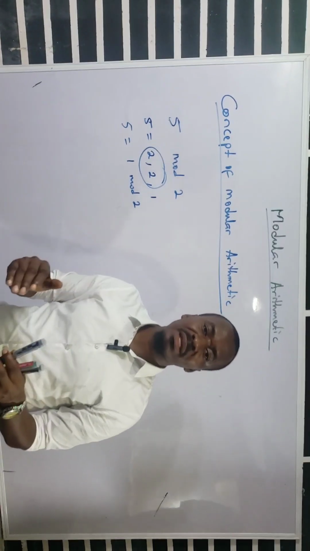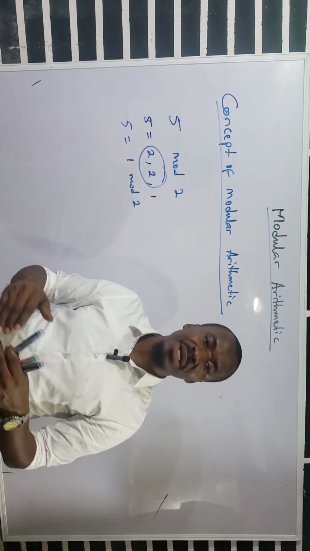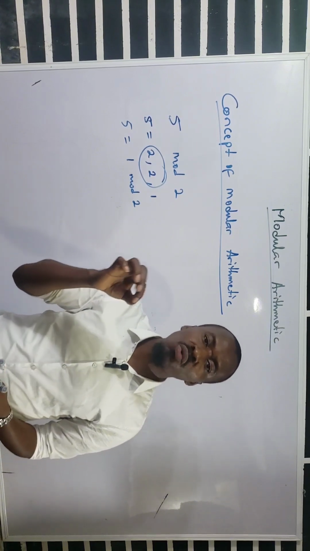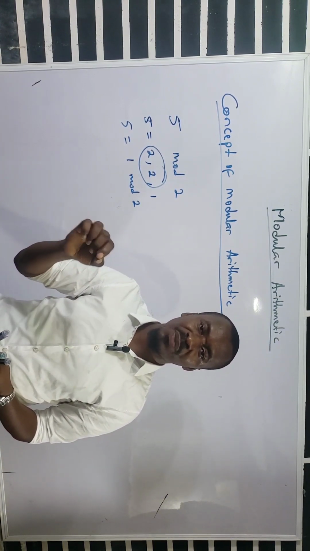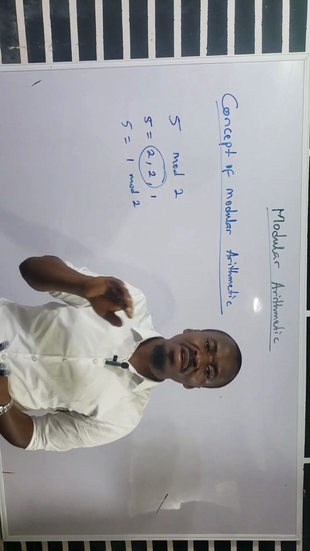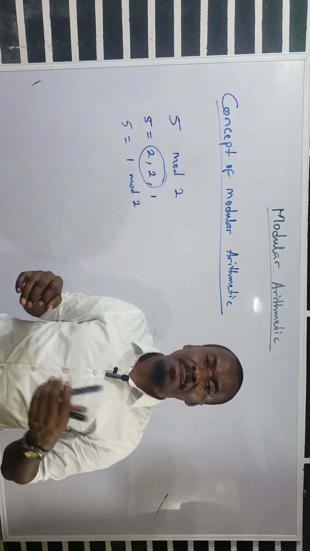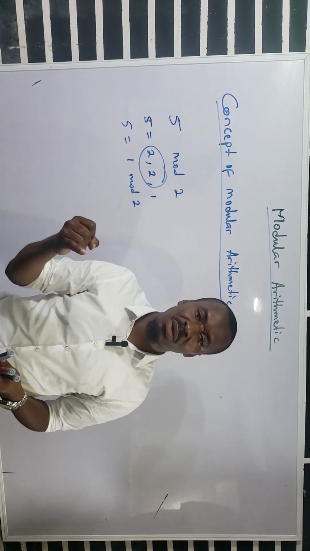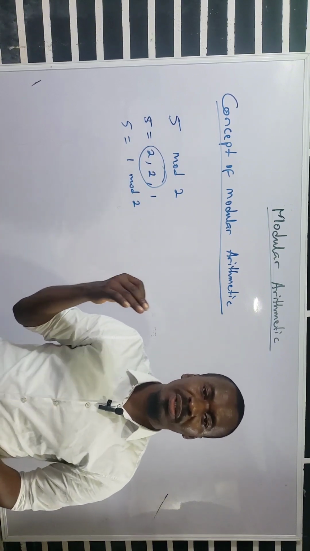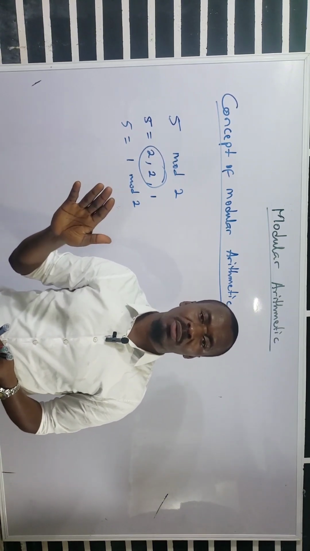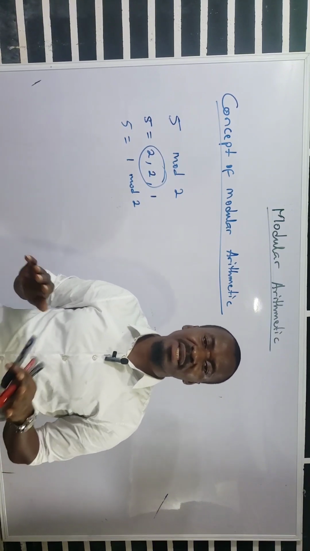Whenever I'm taking a modulo of a number, my answer will not get up to the number. What am I trying to say? If I'm looking for modulo 5, it simply means that my answer can either be 0, 1, 2, 3, or 4. Okay, that is the integers in modulo 5.